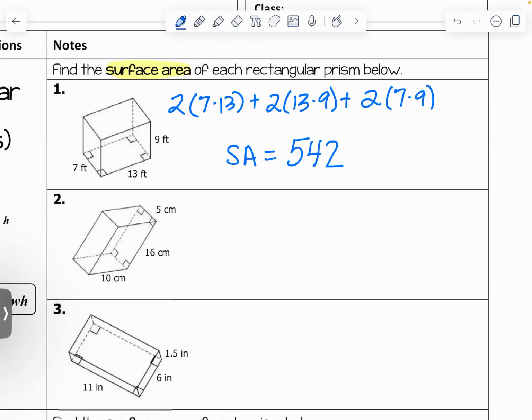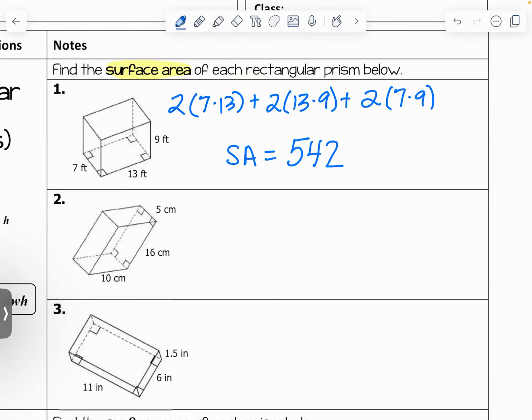Can I see it? Oh, parentheses. So 2 times 7 times 13, plus 2 times 13 times 9.